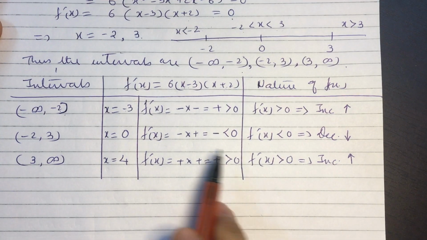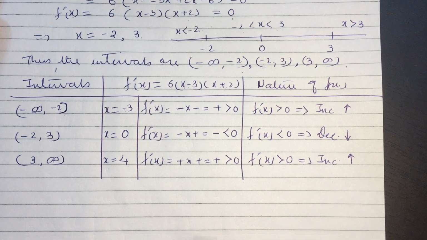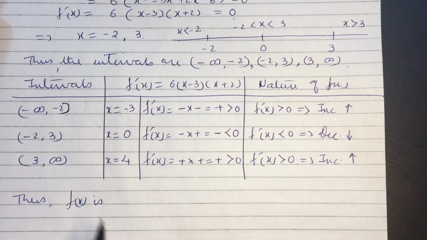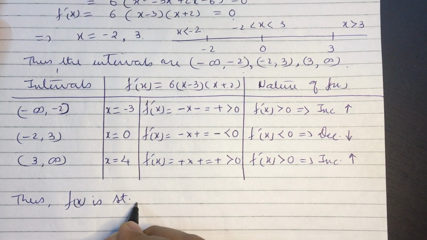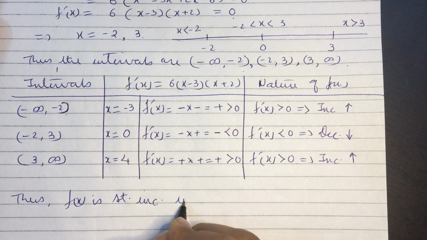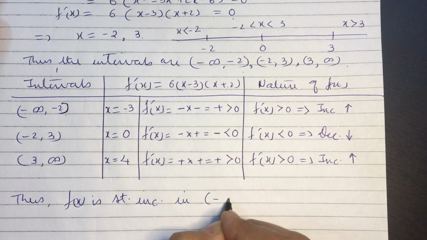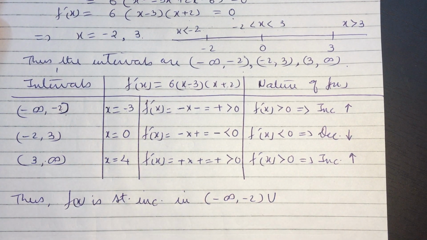Now as you can clearly see, it is alternately increasing, decreasing, and then increasing. So thus f x is strictly increasing in two intervals, so you simply write the union of these two, meaning either this or that.